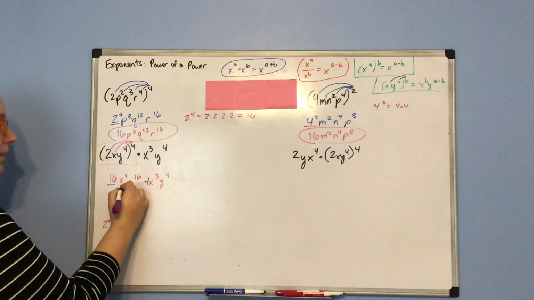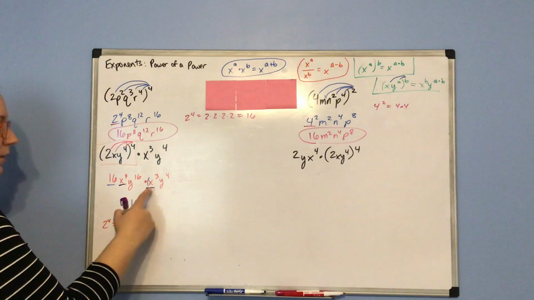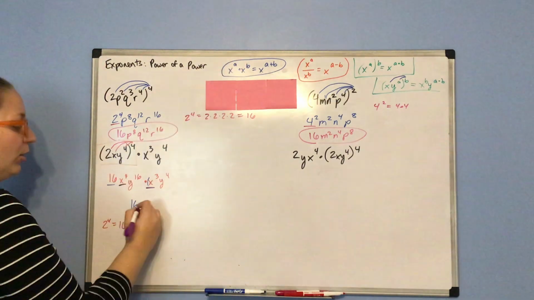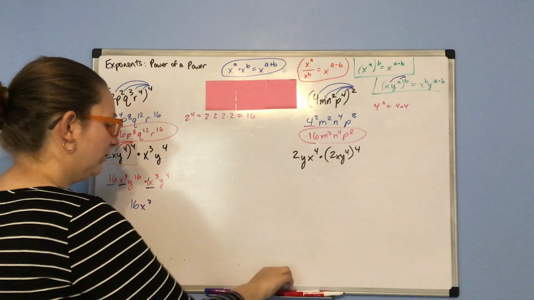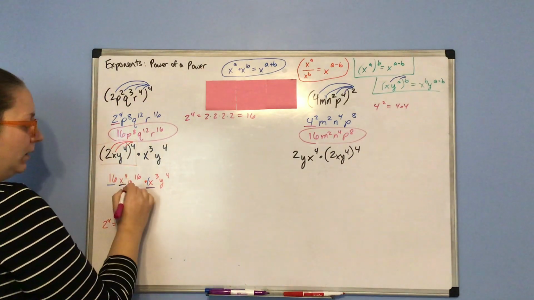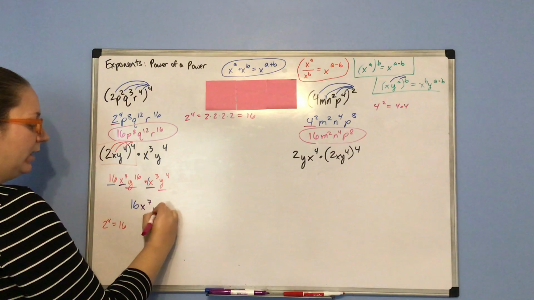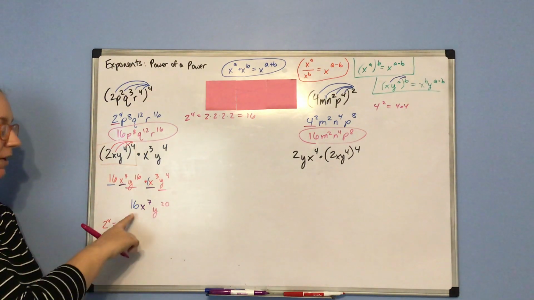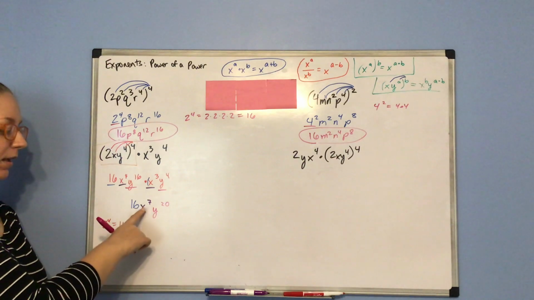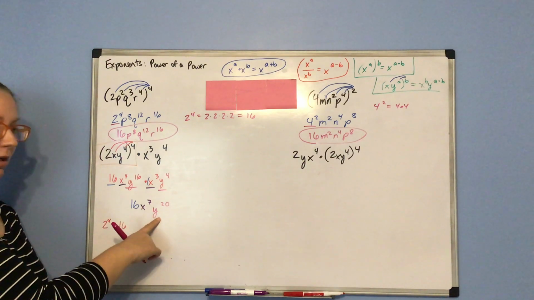For my x's, x to the 4 times x to the 3, I add 4 plus 3, I get x to the 7. For the y, same drill. 16 plus 4 gives me y to the 20. Now I can consider this my final answer because I have a coefficient, an x exponent, and a y exponent.